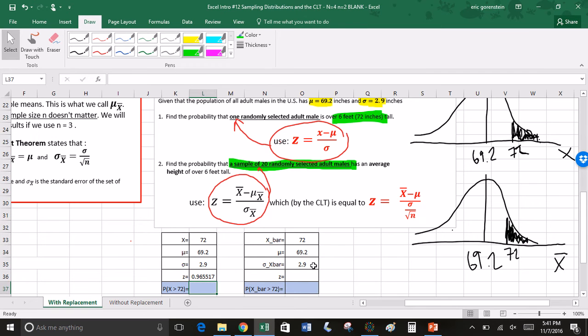Over here, the z-score is going to be x bar, which is 72, minus the population mean, close parentheses, divided by sigma over the square root of n. That's equal to, over parentheses, sigma divided by the square root of 20.